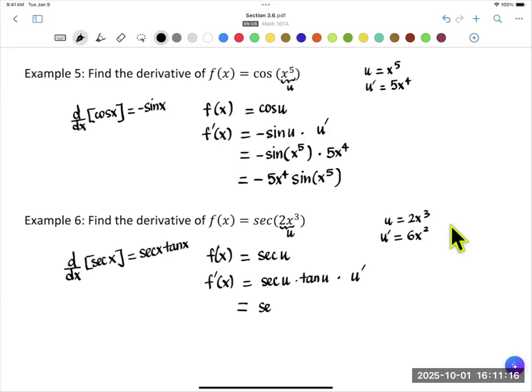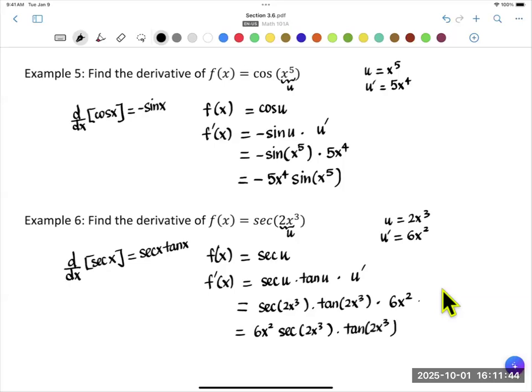So secant 2x cubed times tangent of 2x cubed, and don't forget to multiply by u prime, which is 6x squared. Okay, if you want to put the 6x squared at the front at the beginning, it's fine. But now we're going to rearrange this: 6x squared times secant 2x cubed times tangent 2x cubed. All right.